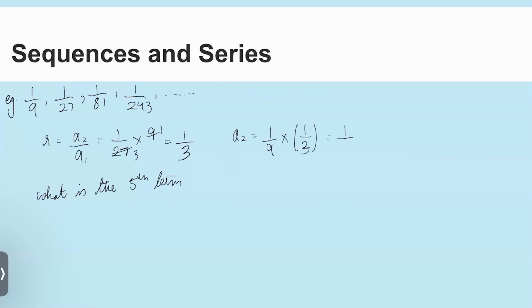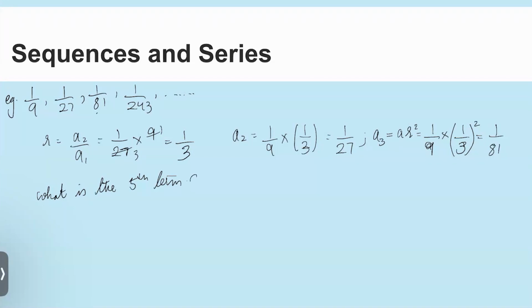So this becomes 1 upon 27. Your A3 should then be AR squared. So 1 upon 9 multiplied by 1 upon 3 squared. Your 3 squared would be 9 itself. So 1 upon 9 multiplied by 1 upon 9 would be 1 upon 81, which is our A3.